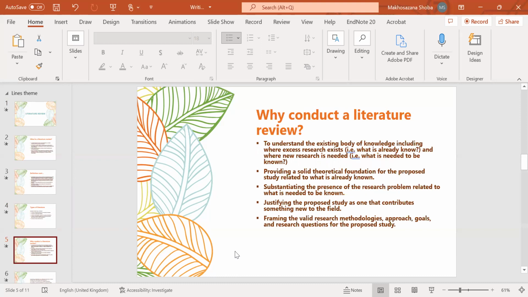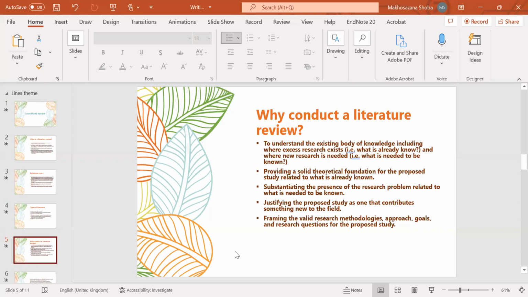You will conduct a review so that you can provide a solid theoretical foundation for the proposed study related to what is already known. There are studies already known in the field you are researching, and you want to then develop a theory around this phenomenon. Hence, you read on that phenomenon.